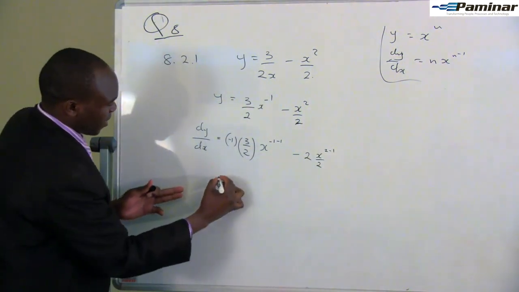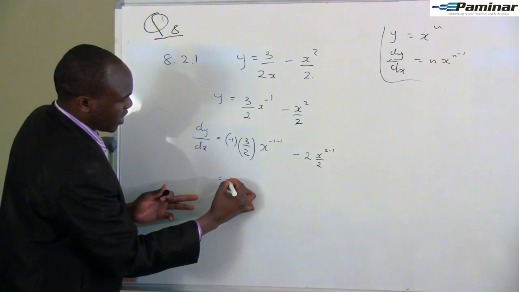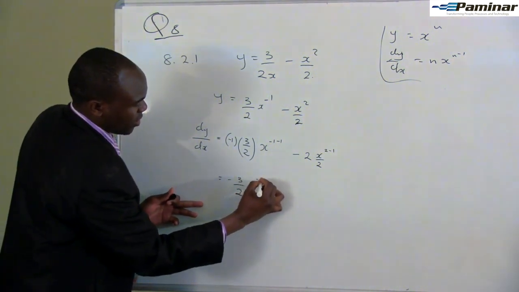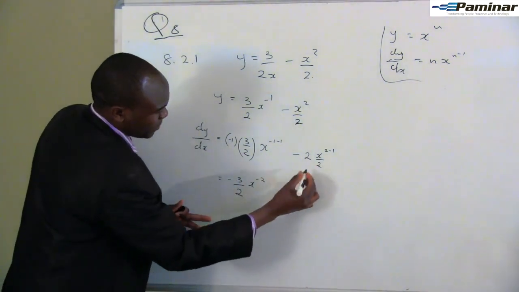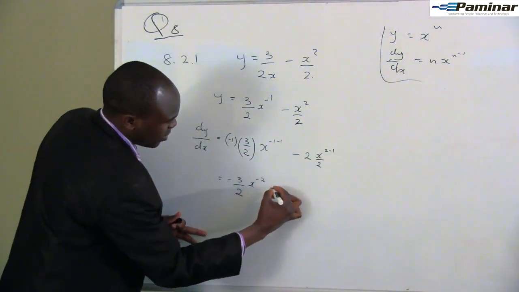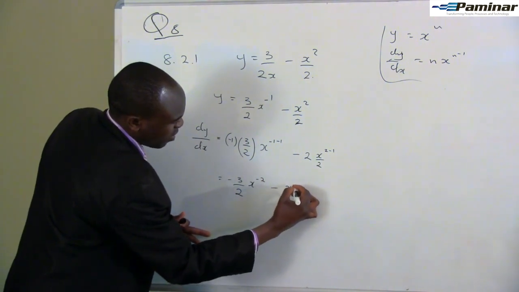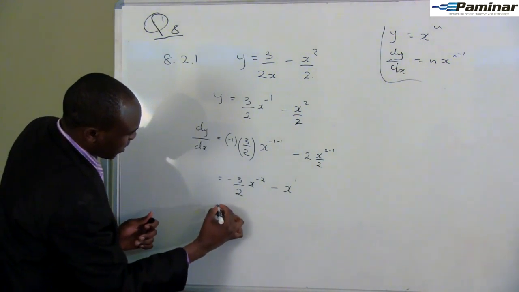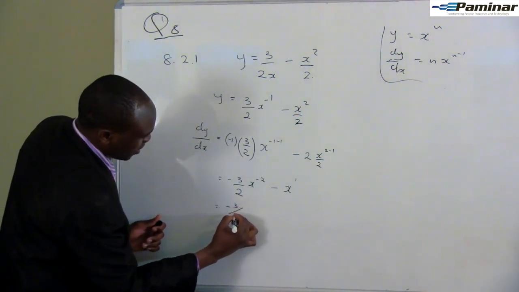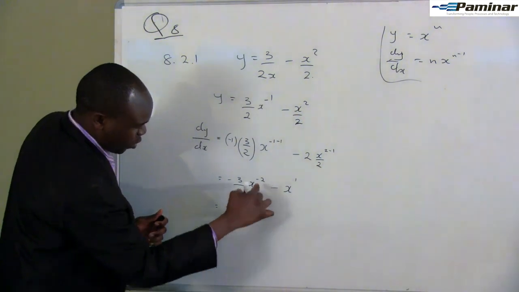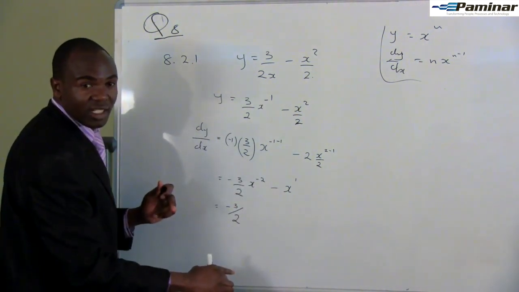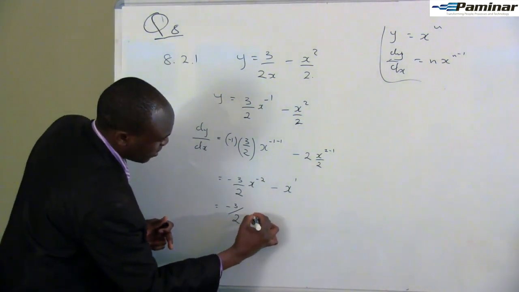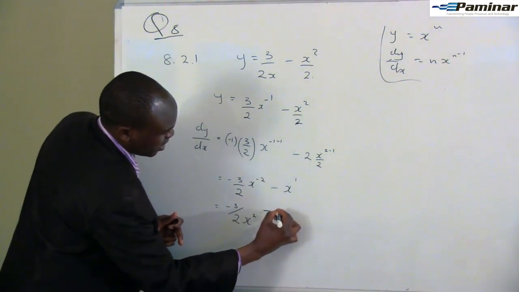Now this one becomes negative 3 over 2 x to the power negative 2. Now this one, the 2s cancel, so it becomes minus x to the power 1. By the end of the day we have minus 3 over 2, and now we bring that x back down. When it goes down, it's no longer negative, it's positive. Yes, minus x.